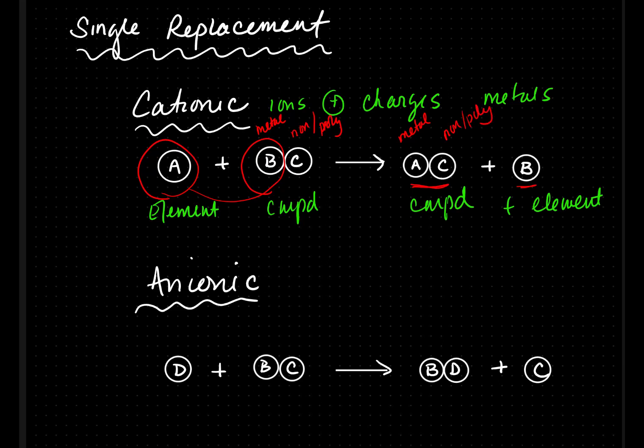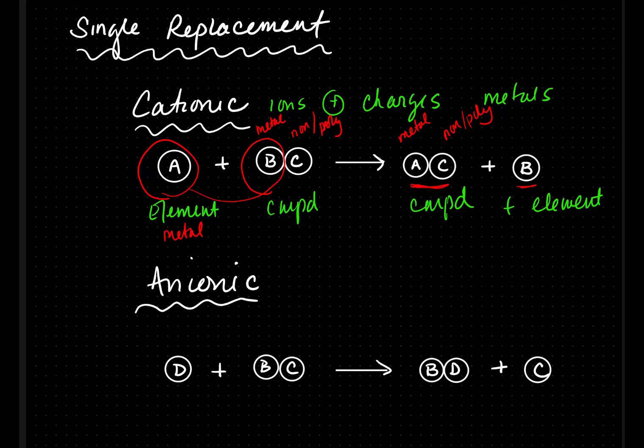A replaced B, A must be a metal. Why? In the last compound, A comes first. Metals always come first in our ionic compound. So when an element is a metal and it replaces a metal of the compound to create a new compound, this is cationic.